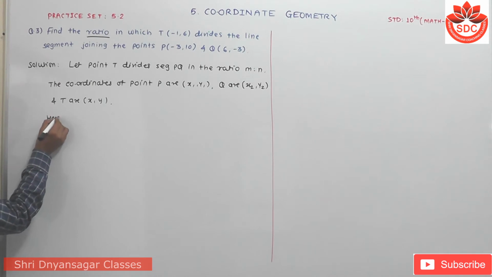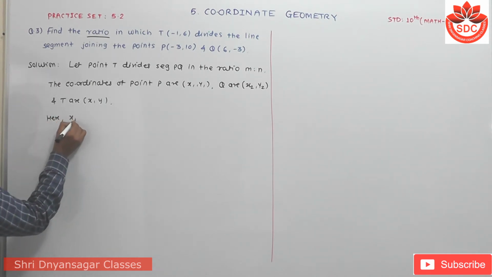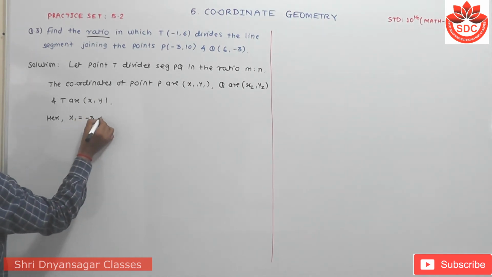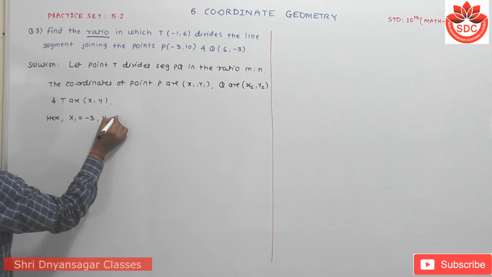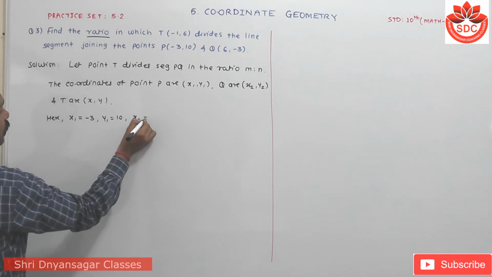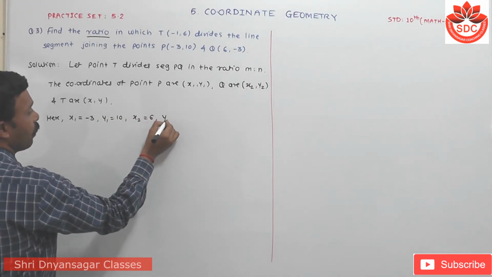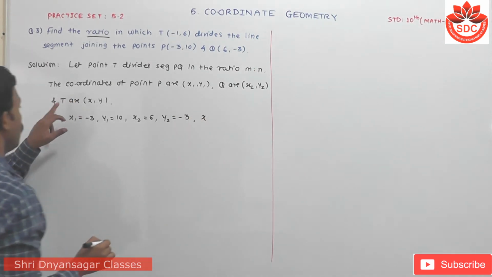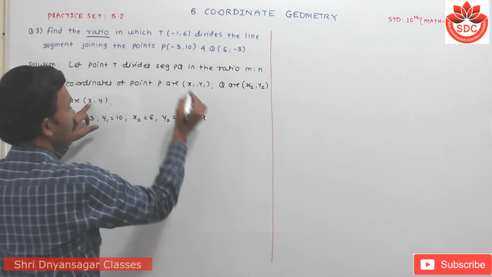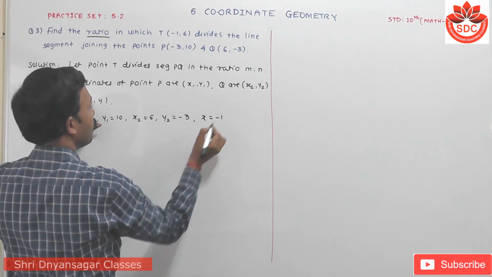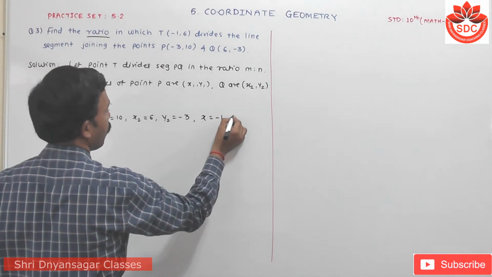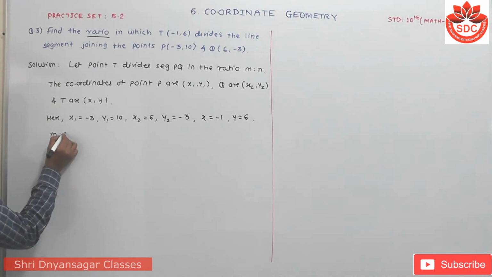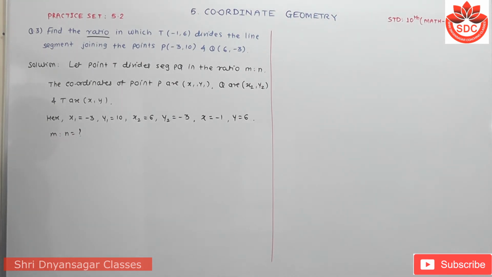Here x1 is equal to -3, y1 is equal to 10, x2 is equal to 6, y2 is equal to -3. Now the coordinates of T: T is (-1, 6), that means x is equal to -1 and y is equal to 6. We have to find m:n is equal to question mark.